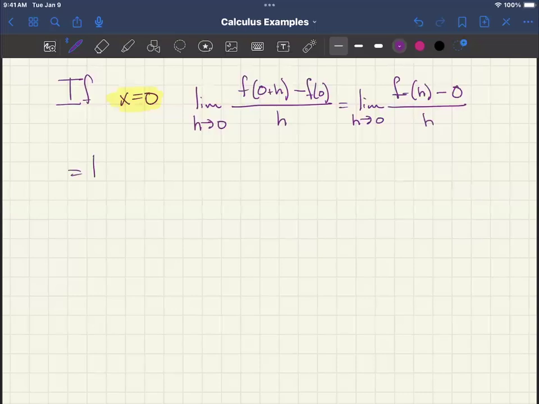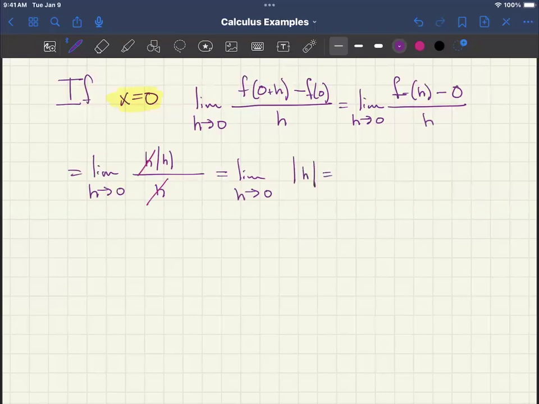And as far as f of h goes, if we plug that in, we get h times the absolute value of h. And we're dividing that by h. So our h's disappear. We get the limit as h goes to 0 of the absolute value of h.